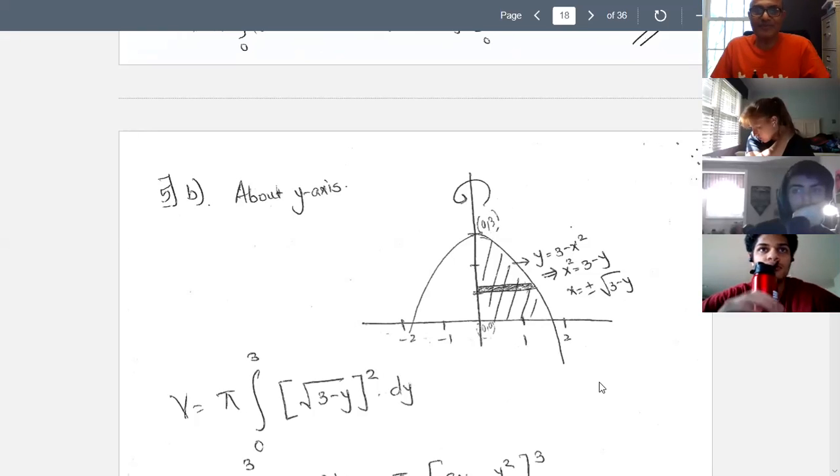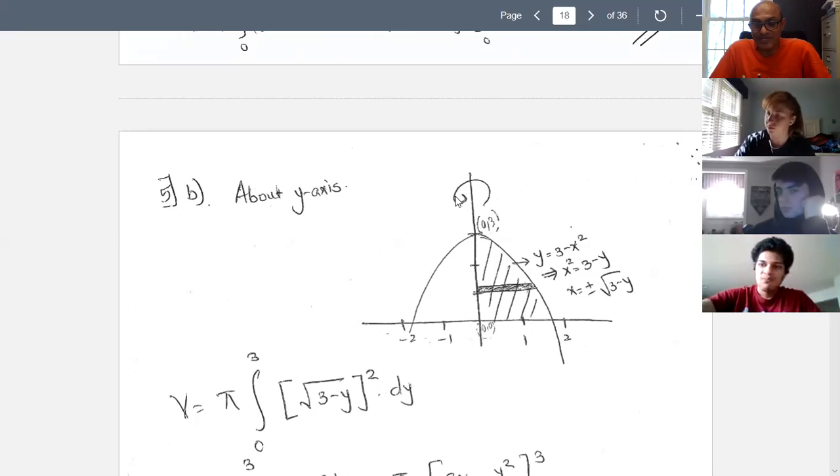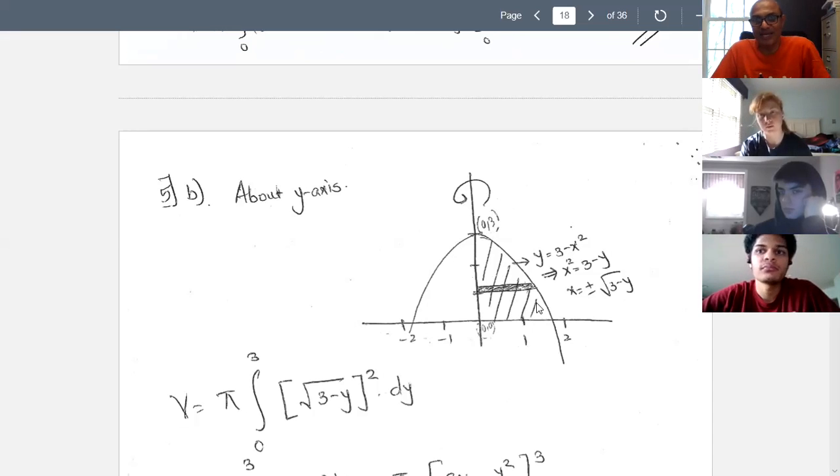So now, because it is revolution around the y-axis, you have to maintain a horizontal strip, because only horizontal will be perpendicular to the axis of revolution.